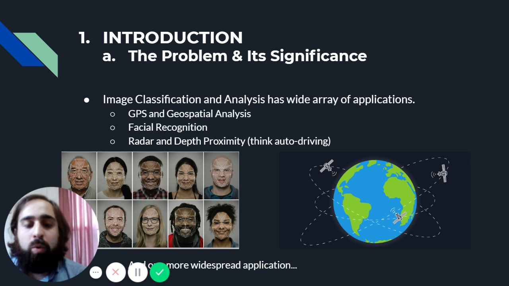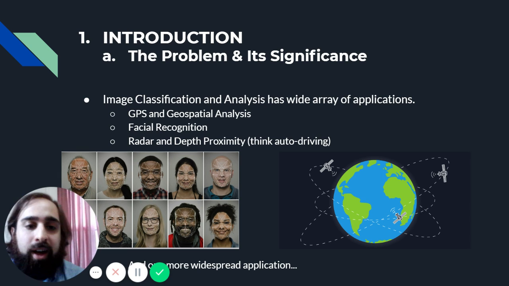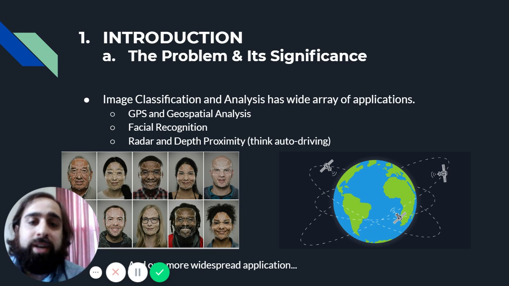So why work with image classification? As you can imagine, it is a significant portion of data science work that can be done. There's a wide range of applications for this kind of data set. I'll give you some examples. There's GPS, facial recognition, anything that really has a spatial character to it, a spatial relationship that's needed.